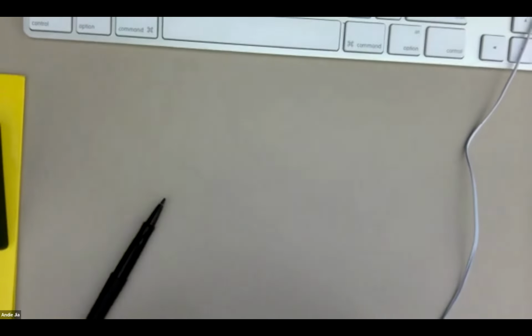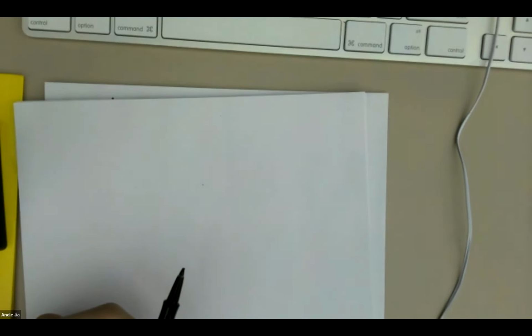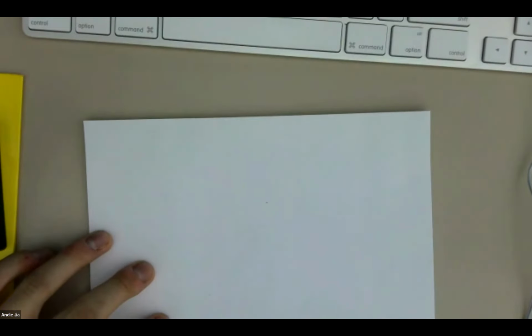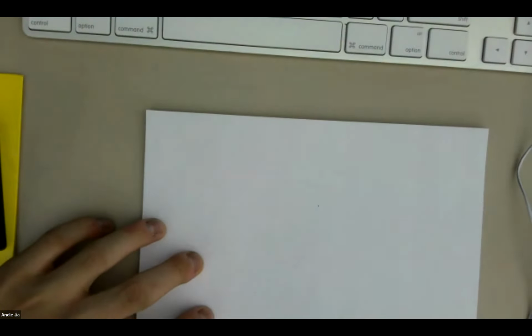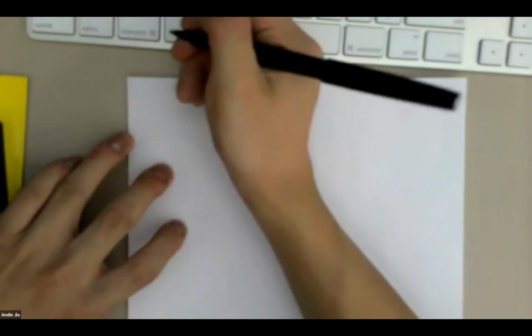Now let's do some improper integrals. I know you may not like this part, but I will do this problem for you, so no worries. You will be good. Question number 11.